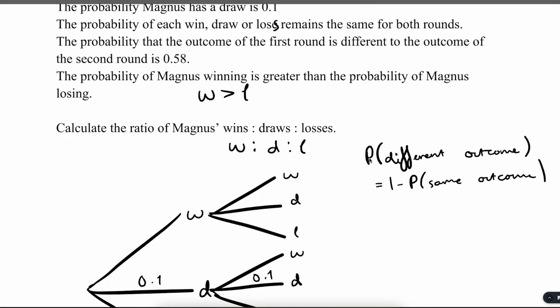So that is equal to 1 minus the probability that the outcome of the first round is the same as the outcome of the second round, because the probability of not being the case is equal to 1 minus the probability. So we know that the probability of the same is 0.42.